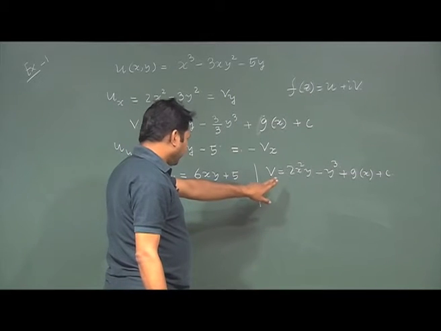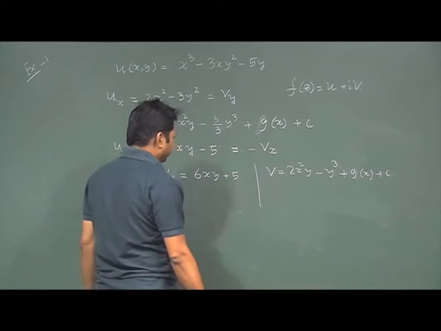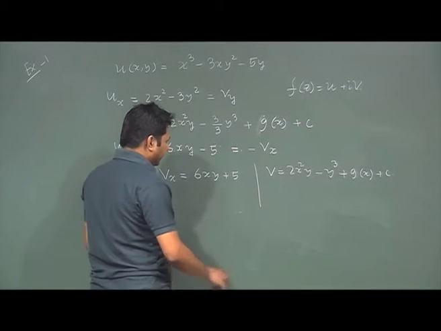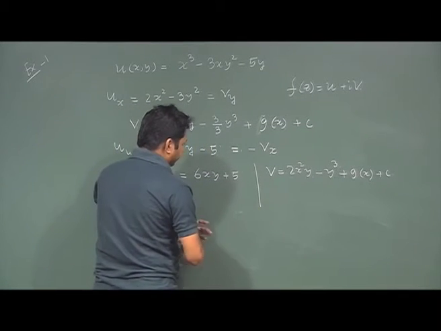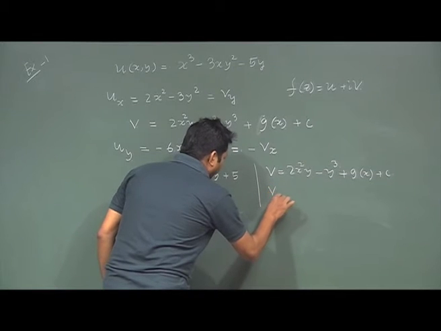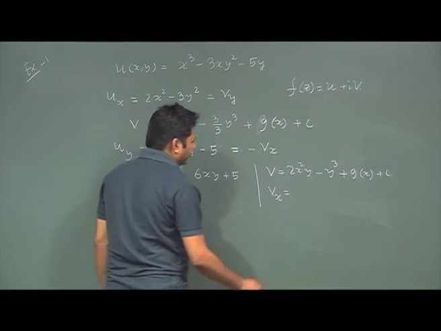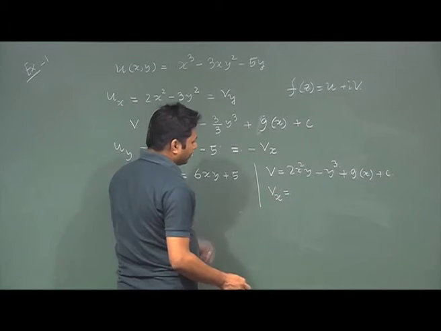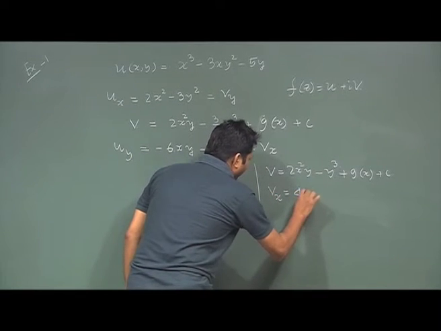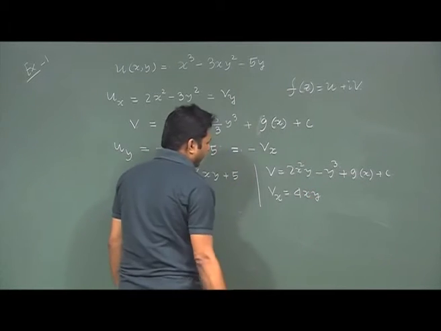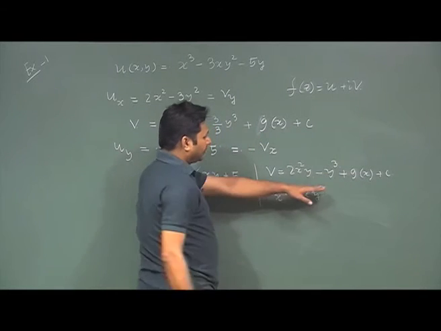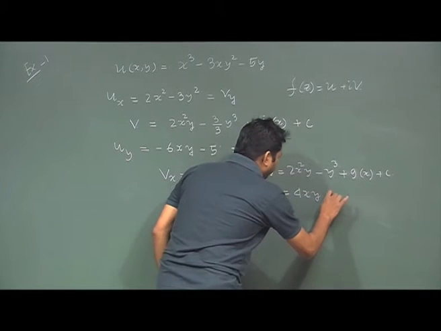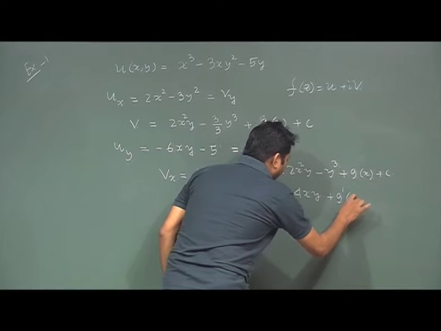Now, if I compare these things, I need to make it. If I make a derivative of this quantity, then I should have vx, and vx should be something like, if I make a derivative with respect to x, 4xy. This is a function of y, so I am making a derivative, this quantity will not be there, plus g prime x.